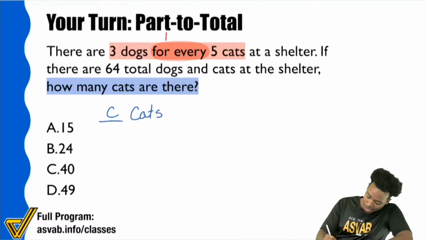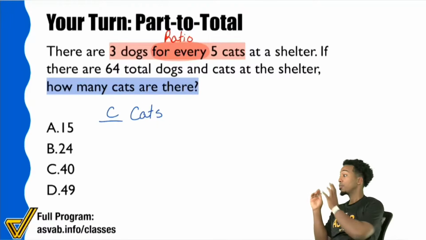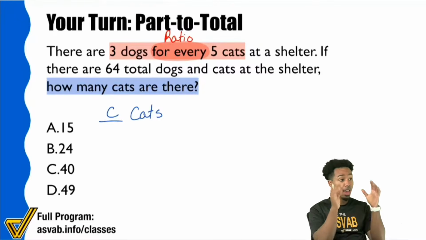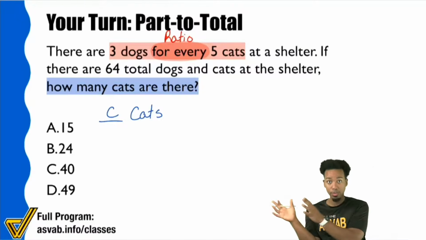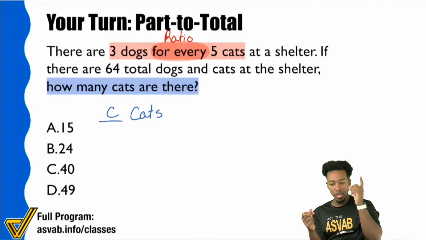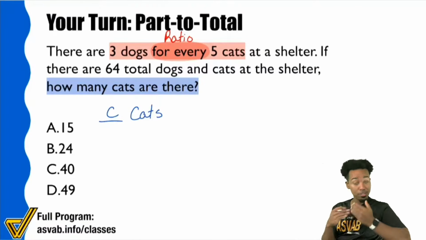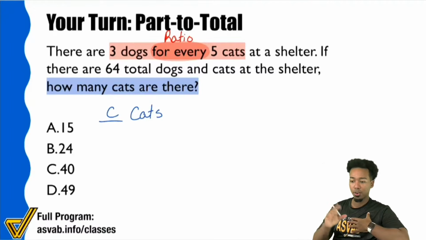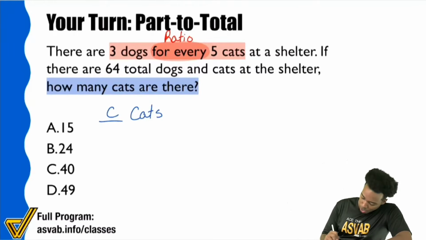Write that down. That is an indicator of a ratio. When you have this many of this for every that many of that, that is a solid comparison. That's a ratio. I know some of us may not have seen it, and that's why I wanted to review that with you very briefly. And so there we have a ratio.